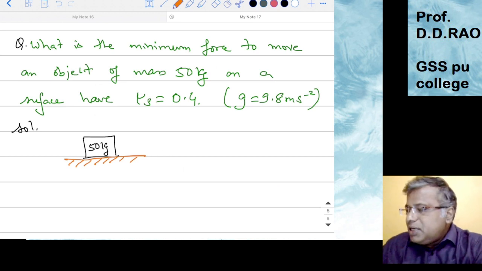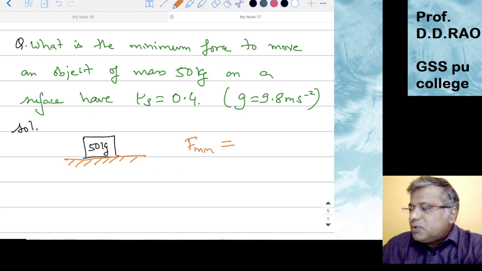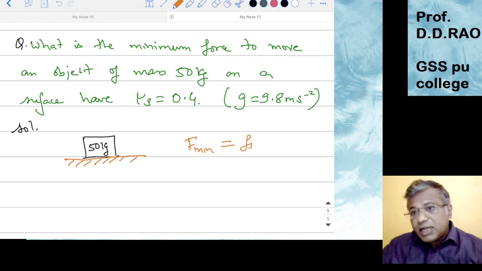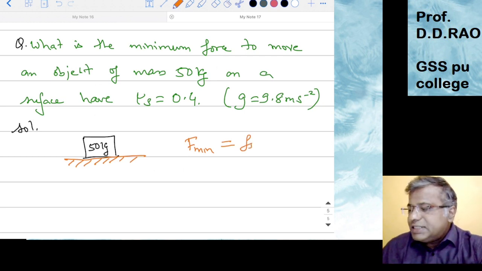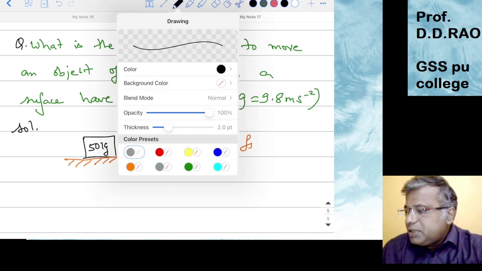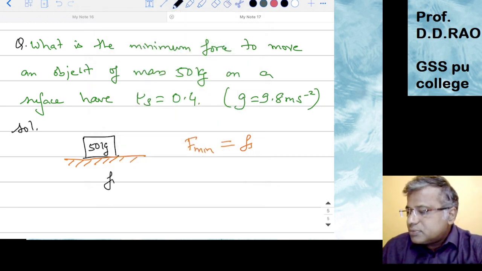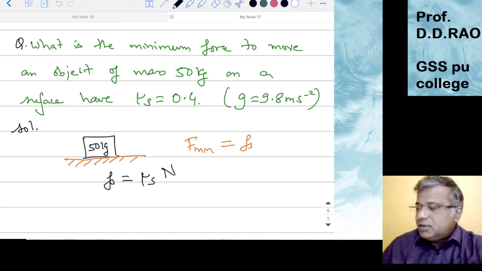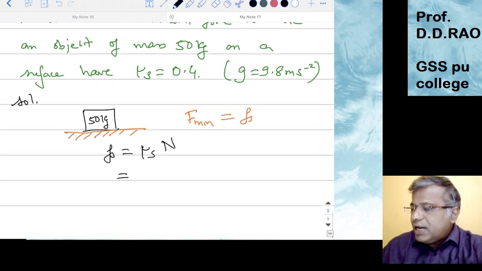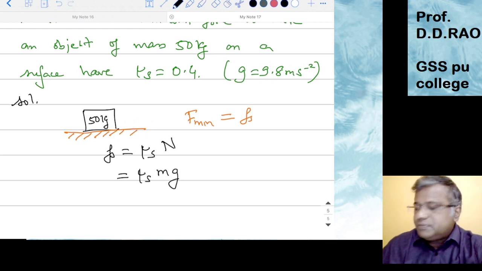The minimum force must be equal to the frictional force which is not allowing it to move. So basically I have to calculate Fs. Fs will be equal to mu s, the coefficient of friction, into the normal reaction, so you get mu s m into g.